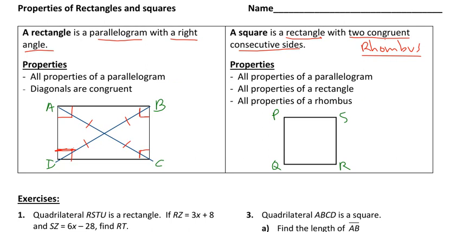And then it also has all the properties of a rhombus because a square is also a rhombus. So the properties of the rhombus, just in case you forgot, the special properties that are only for the rhombus and therefore for the square is that the diagonals intersect at right angles. The diagonals are perpendicular to each other.